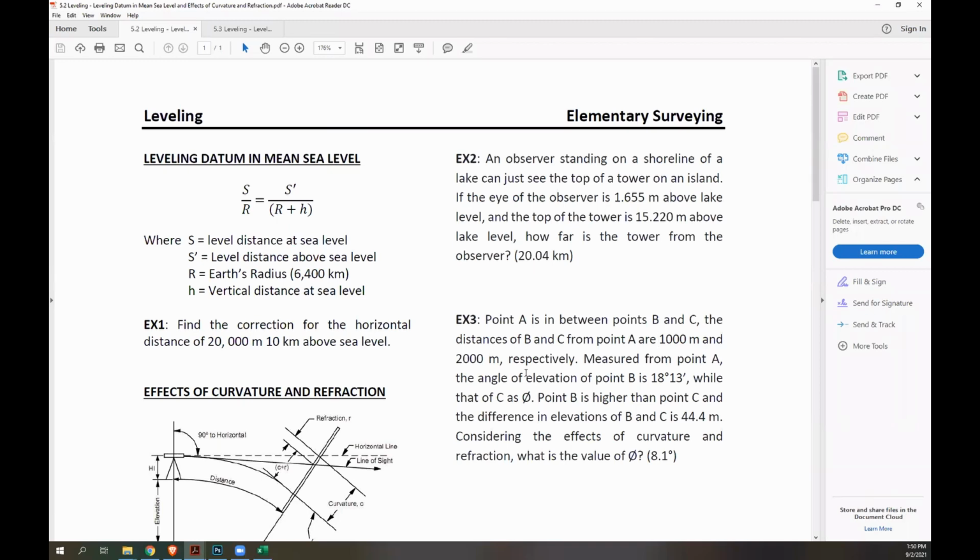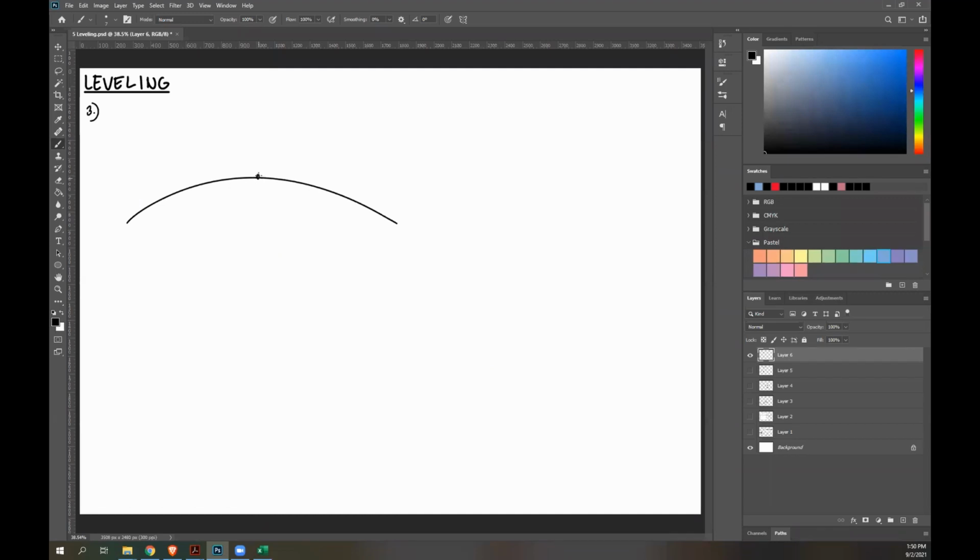So C is farther from A than B is. And then B is higher than C. Keeping all of that in mind, if for example we choose this as our point A, B is somewhere over here, and then C is somewhere twice as far as that, and it's lower than B. So these are our points.